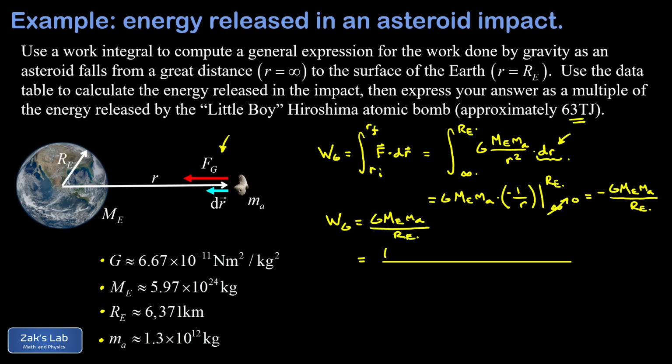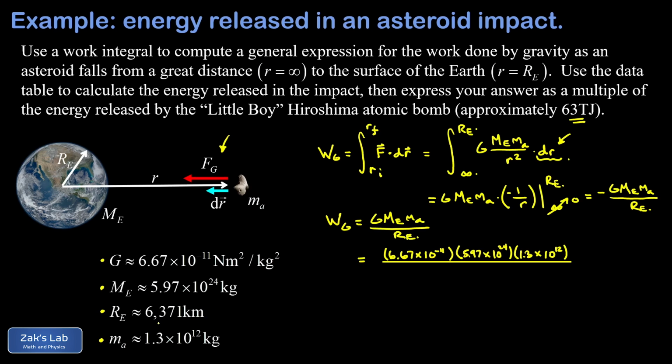So we start with our approximate value for big G, 6.67 times 10 to the negative 11 Newton meter squared per kilogram squared. And the mass of the Earth, 5.97 times 10 to the 24th kilograms. And the approximate mass of a 1 kilometer diameter asteroid, 1.3 times 10 to the 12th kilograms. And then we divide by the radius of the Earth. And this was given to us in some unusual units.